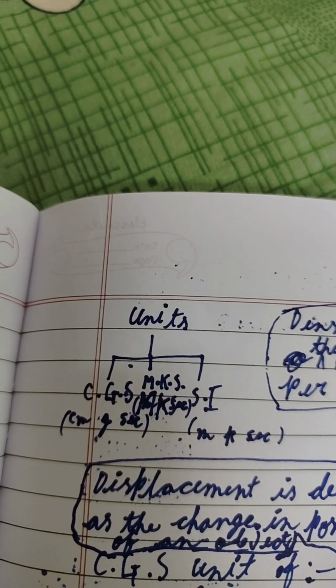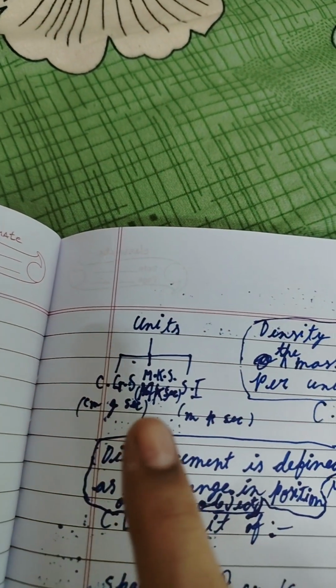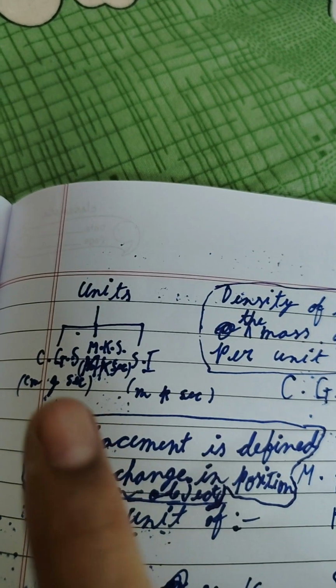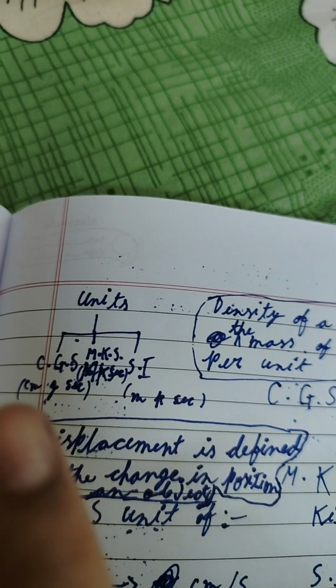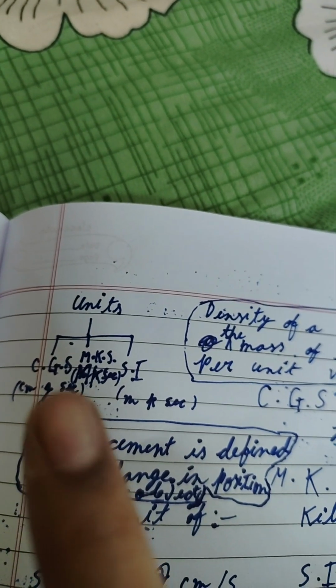Units. There are three types of units: one is CGS unit, one is MKS unit, and one is SI unit. In CGS, C stands for centimeter, G stands for gram, and S stands for second.